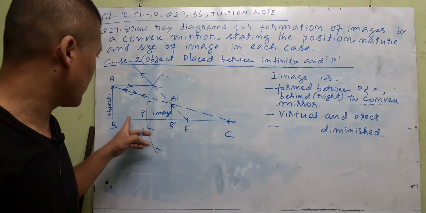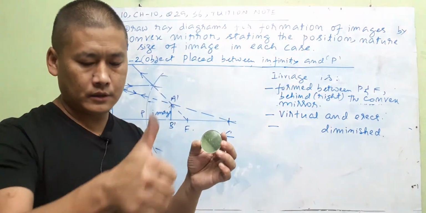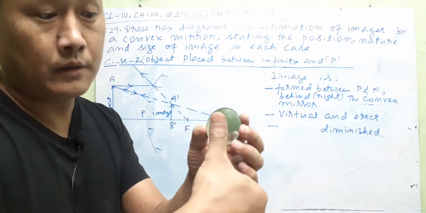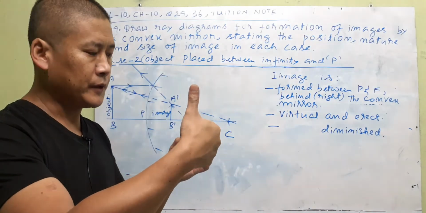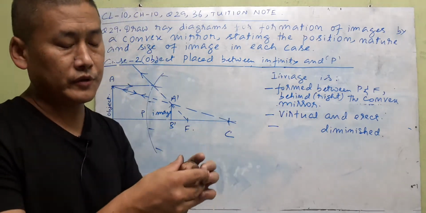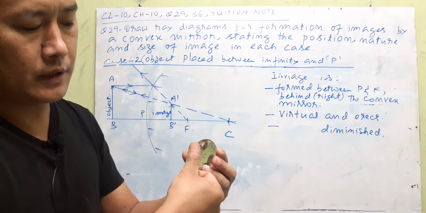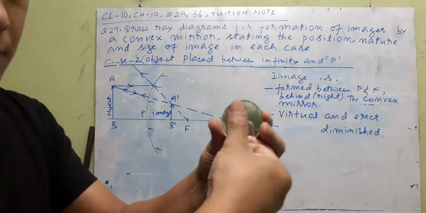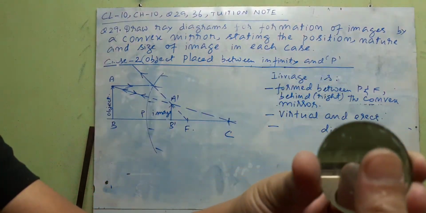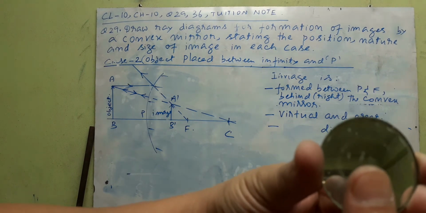For example, this position between P and F, I'll show you here. Please observe it here. My thumb size, you can see here, right? The real thumb size from the camera you can see. Now see the image, virtual, erect, behind this mirror. You'll see the image of my thumb. Isn't it smaller? You just check it once. Compare with the real thumb size and see from the camera. Okay, let me just check it. There.